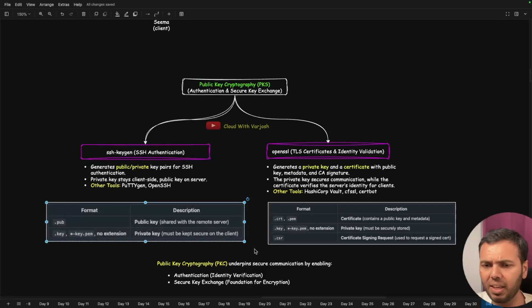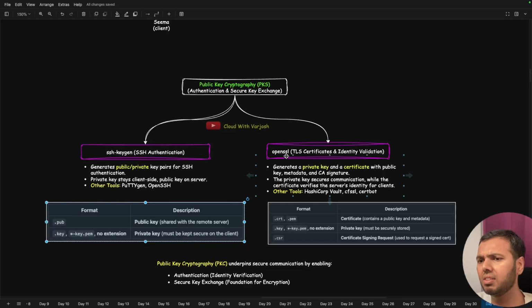There is a public key and then there is a private key. Public key will usually have .pub as an extension, and private key will have key in the name, or it might not have any extension. If you remember in the last lecture when we generated an ED25519 key pair, the private key did not have any extension.